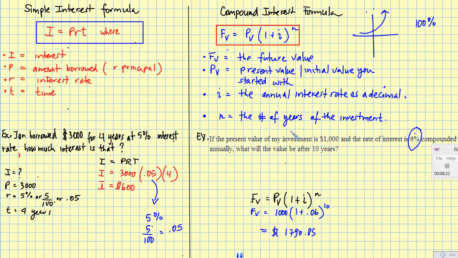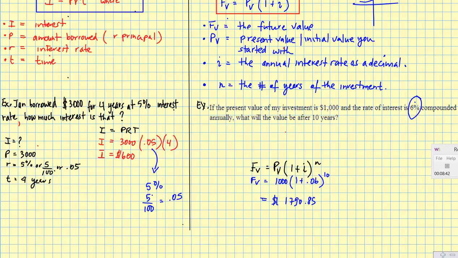All right. So we know that the future value is going to be equal to the present value, 1,000, times 1 plus the value of I. Remember that I is our interest, and our interest rate is 6%, which I'm going to divide by 100, and it'll go to 0.06.